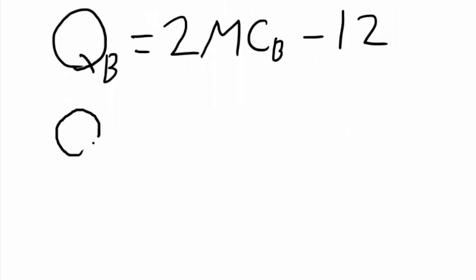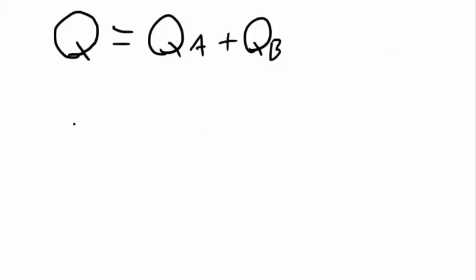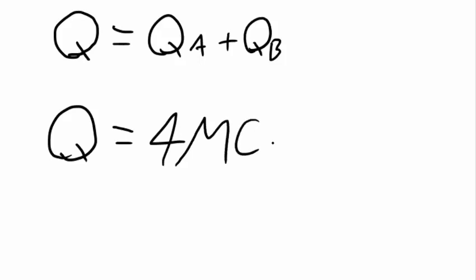So we would have Q equals QA plus QB. And so, by combining them, we get Q equals 4 times the marginal cost minus 24.